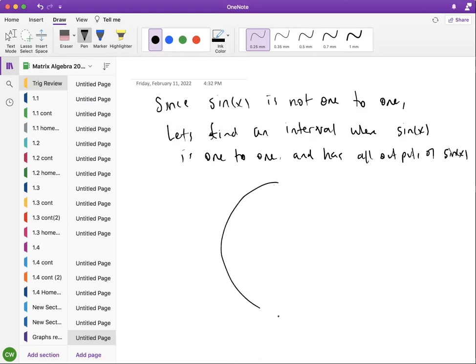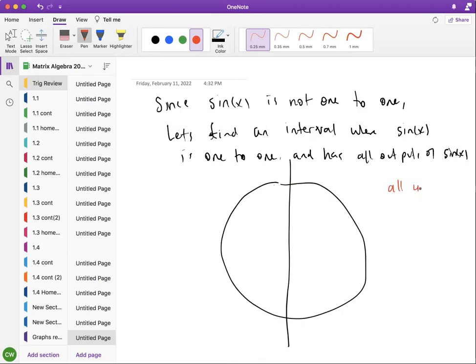So the idea is that I want to find an interval that has all the y values and only one y value per x.